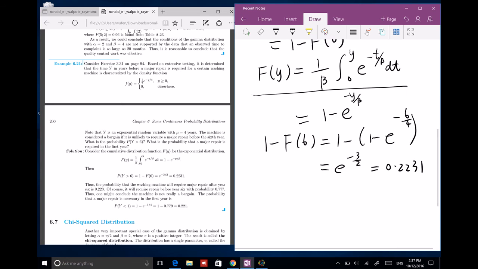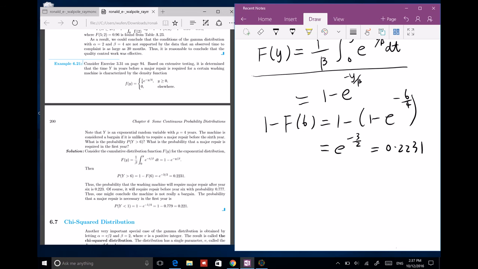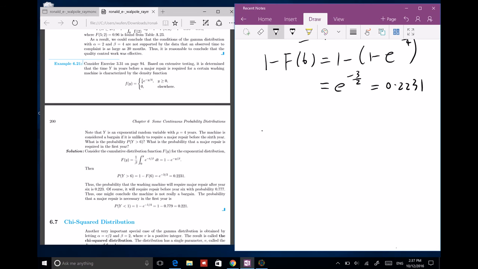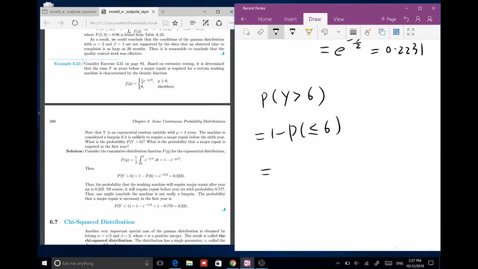If you don't know how to do this, you can also do it this way. The probability of Y bigger than 6 is 1 minus the probability that Y is less than or equal to 6. Time has to be bigger than 0, right? So you can do 1 minus the integral from 0 to 6 of 1 over 4 times e to the negative y over 4 dy.